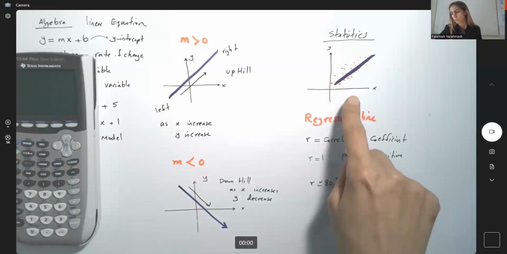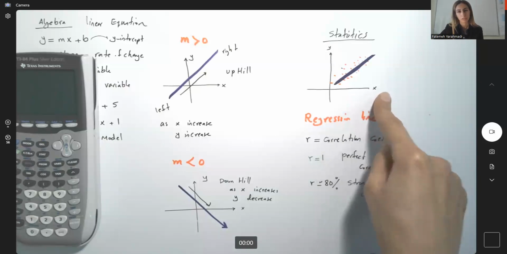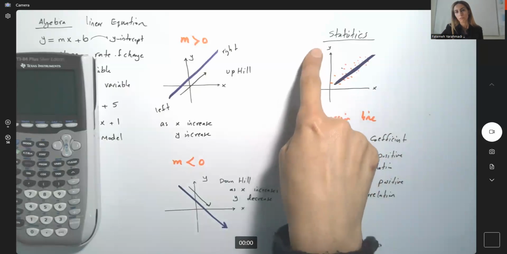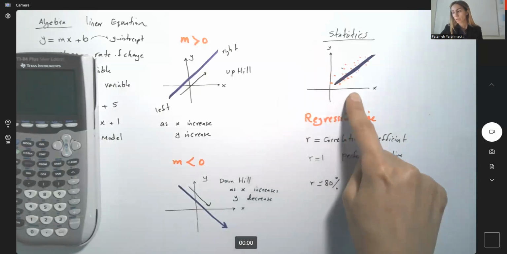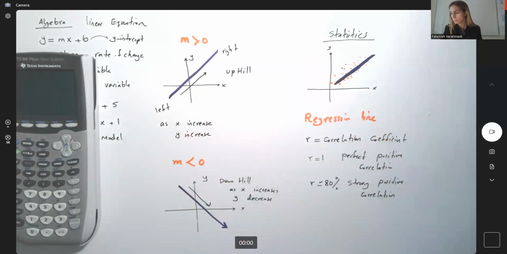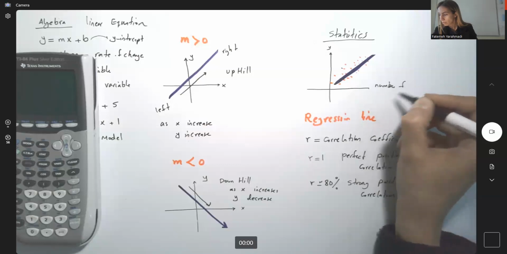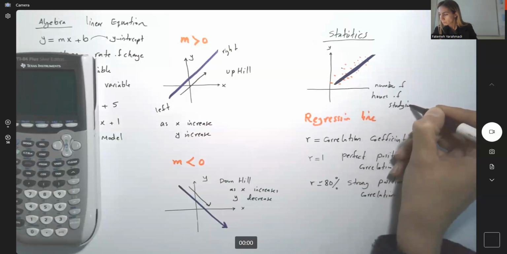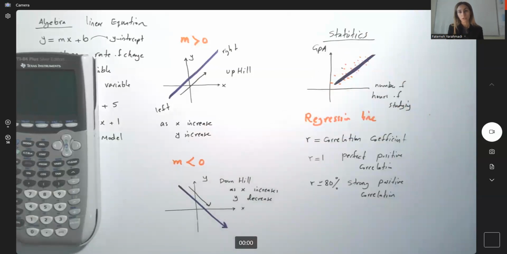For example, you might see here the x value might be the number of hours a student is studying for exams. And here you can associate y to, for example, the exam score itself, the number of hours the students are studying and the score they are getting. Then y might be the GPA or exam score, right?